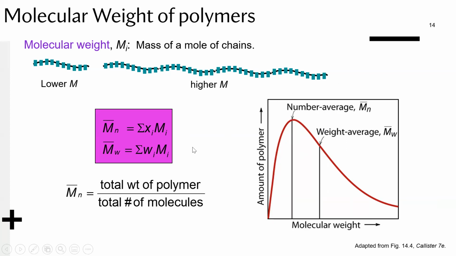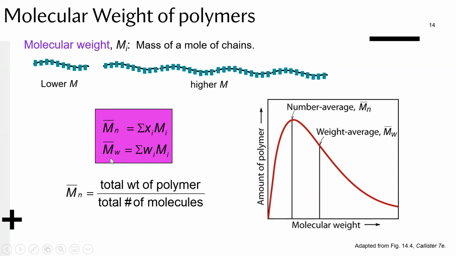But before that, let's see what you use to calculate these two. If you want to calculate the number average molecular weight, you find the average based on these number fractions. So you sum up all the number fraction molecular weight products in that table or in that plot that you saw there, and that will give you the number average.